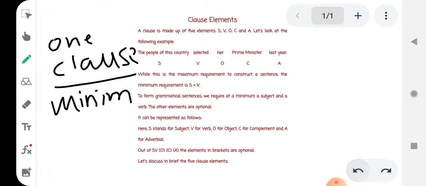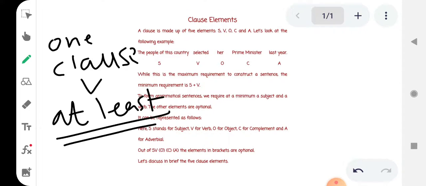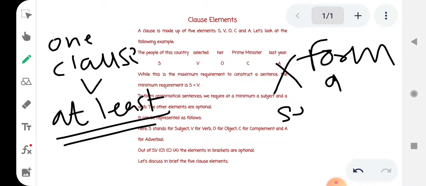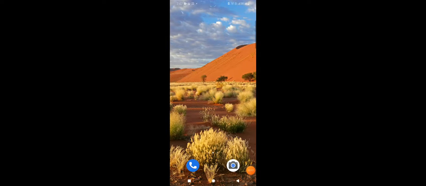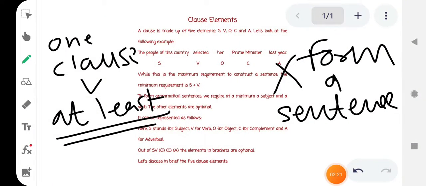At least one clause means, at least. Without one clause, we cannot form a sentence.